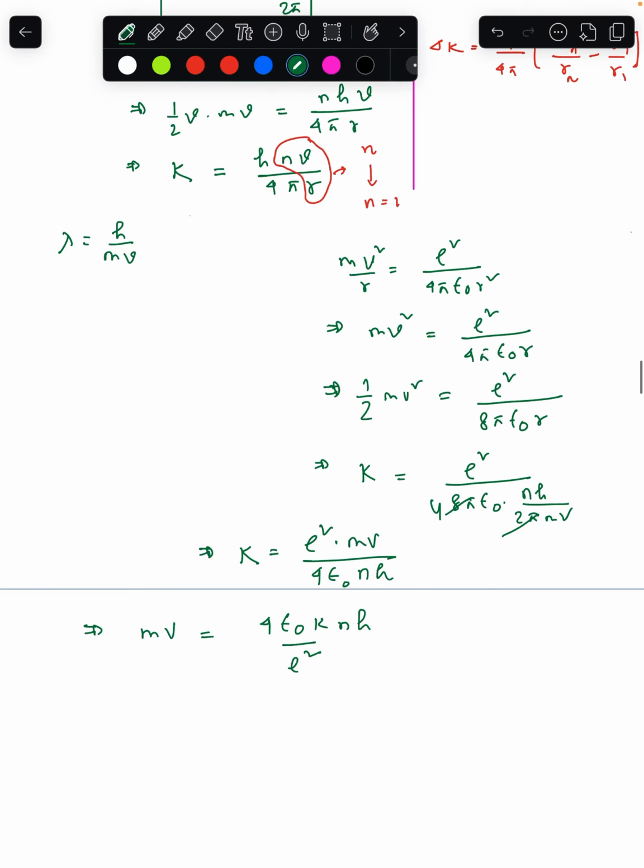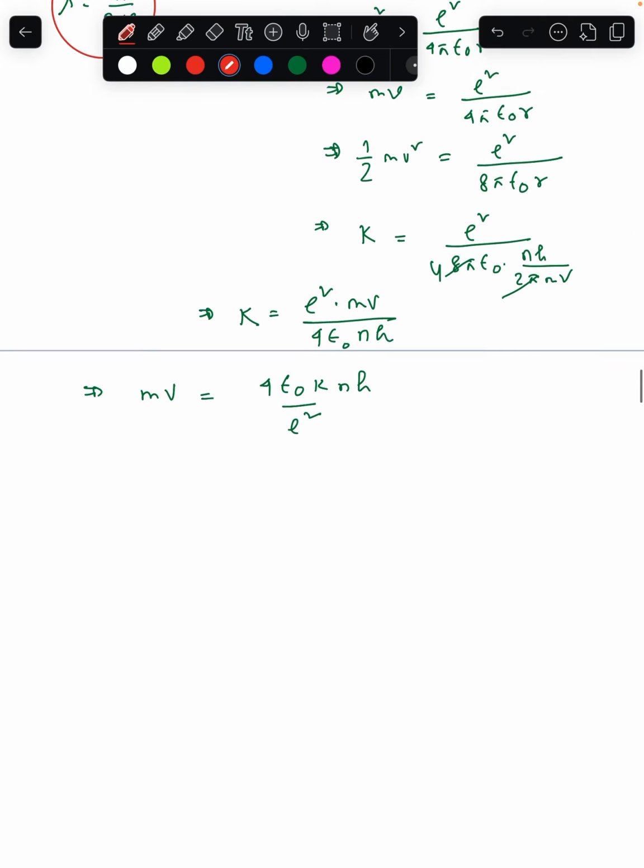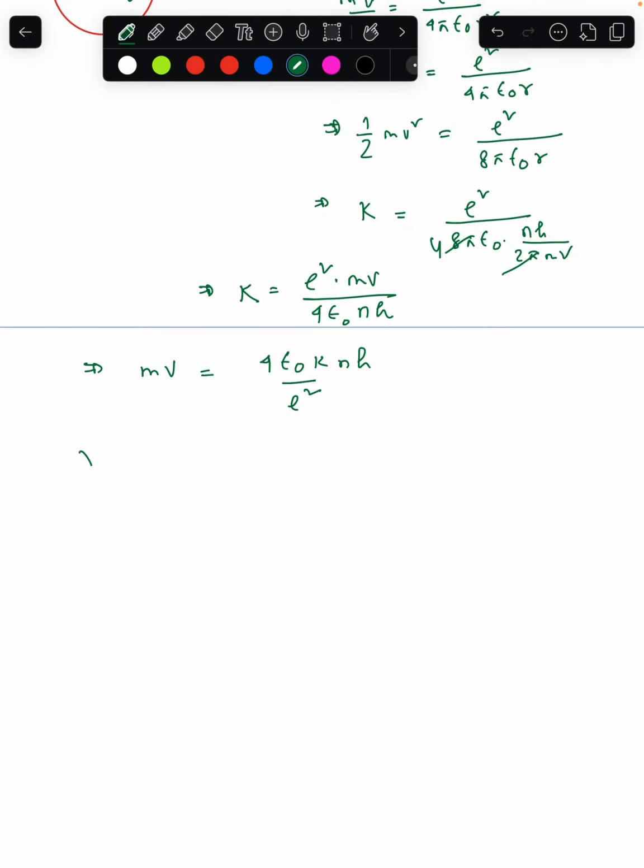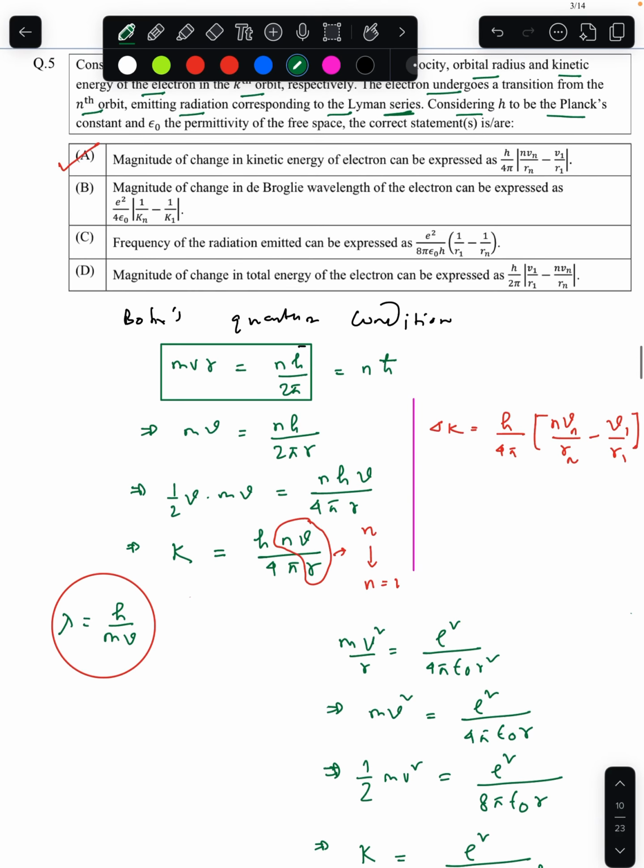We will go back to the equation lambda is equal to h divided by mv, and from there we'll get the clarity. If I substitute mv, we are getting E square into h divided by 4 epsilon naught K n into h. h gets cancelled, right?